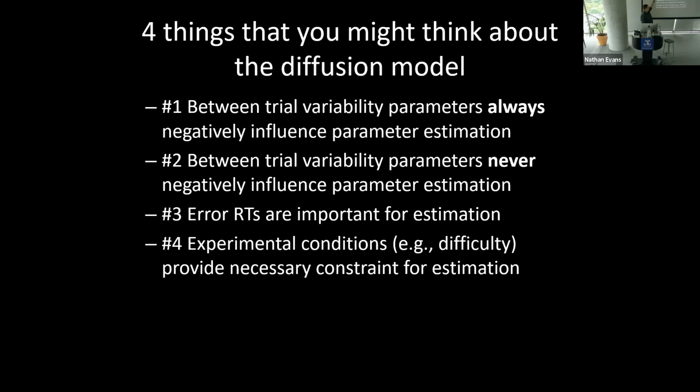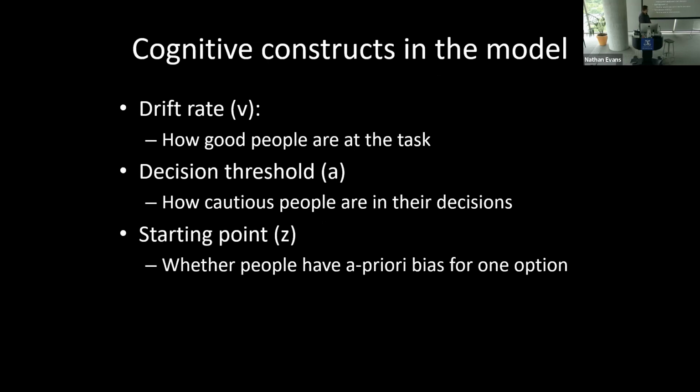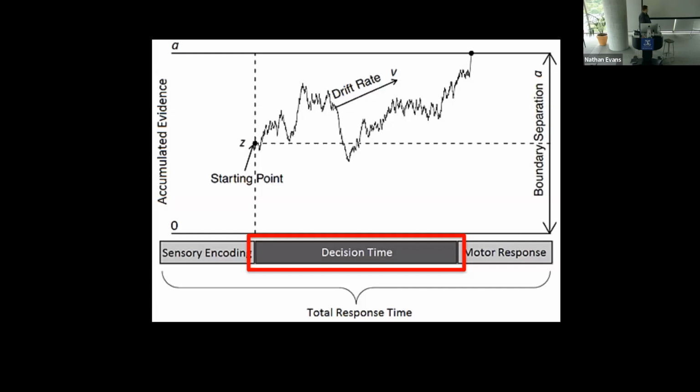The first one is that some, particularly myself, before having done these, are of the belief that the between trial variability parameters, which, for those who don't know, in this process, there are also parameters that relate to between trial variability.